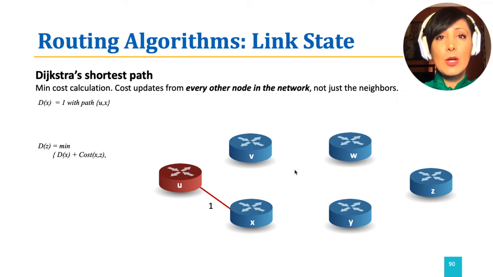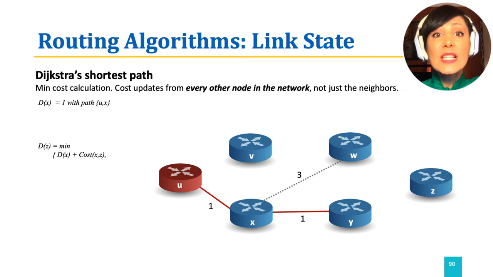In the same step though, the algorithm will examine reaching Y and W through X and update their associated costs from infinity to 2 for Y and from 5 to 4 for W, both noted through X. The cost of reaching Z still remains infinity at this step of the algorithm.